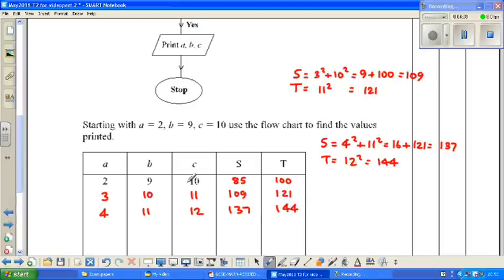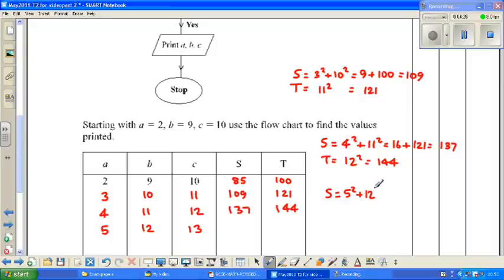So the flowchart told us to go round again and add 1 to each of the numbers. We add 1 to that and we get 5, 12, and 13. And we're ready to go round again and calculate S is equal to A squared plus B squared. So it's going to be 5 squared plus 12 squared.